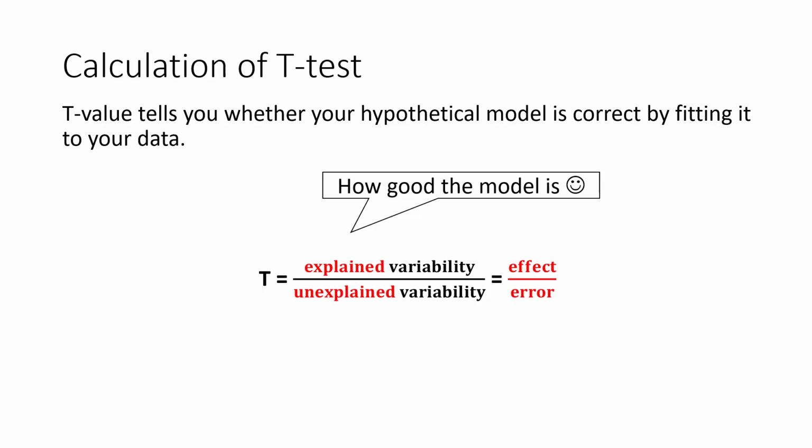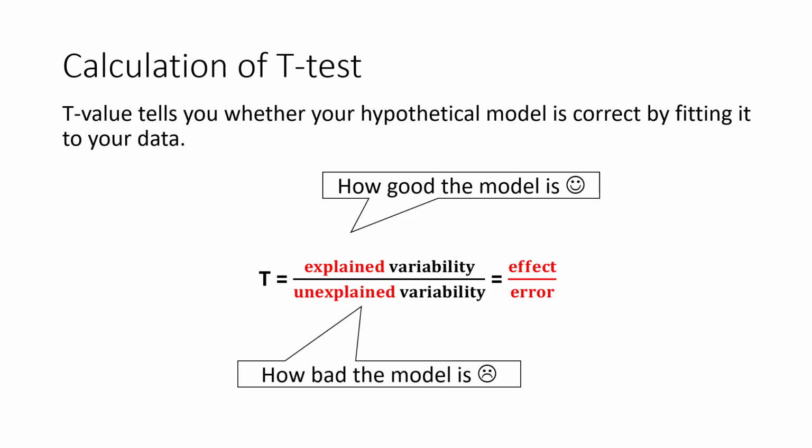Unexplained variability is how much you cannot explain your dependent variable by your independent variable alone. This indicates how bad the model is, in other words, the error. To evaluate your hypothetical model, a t-test compares how good the model is against how bad the model is.